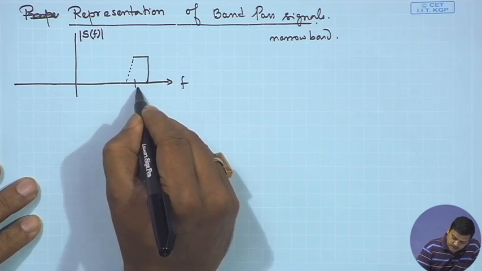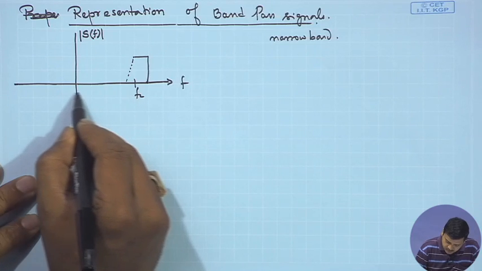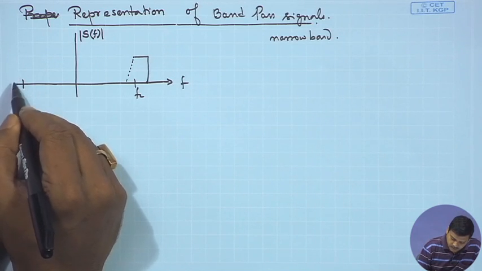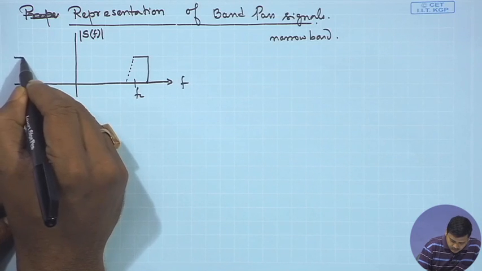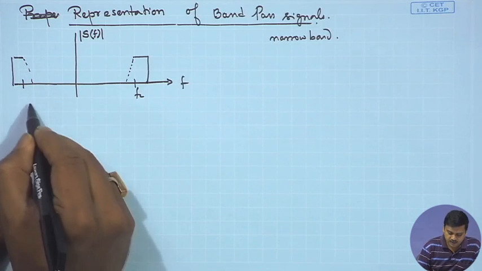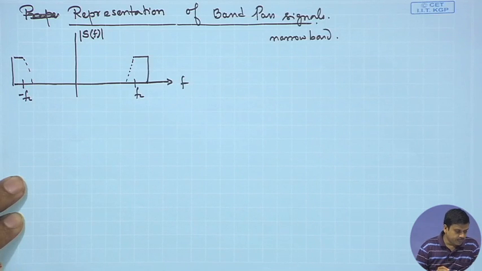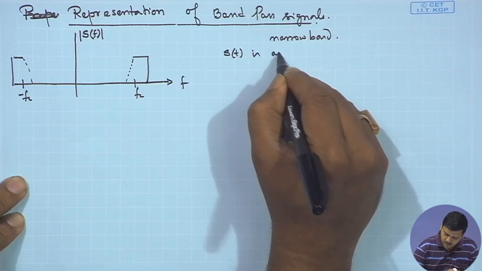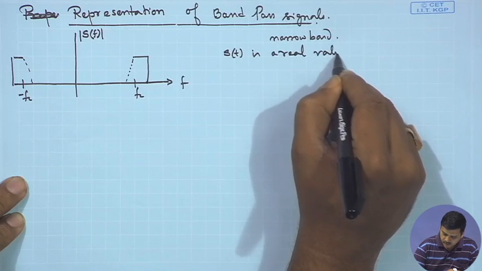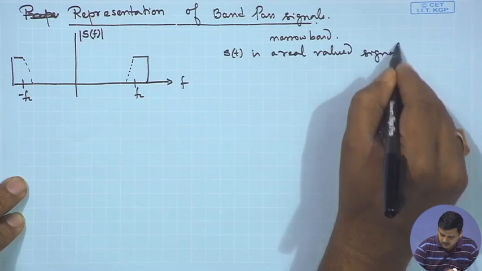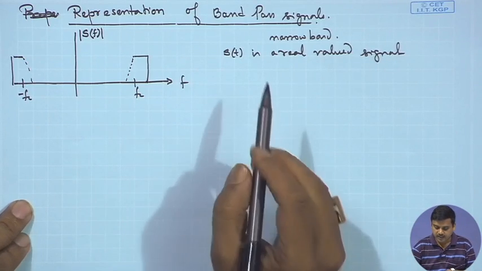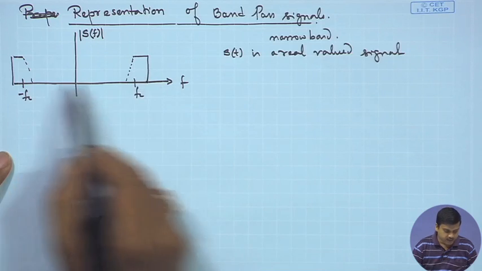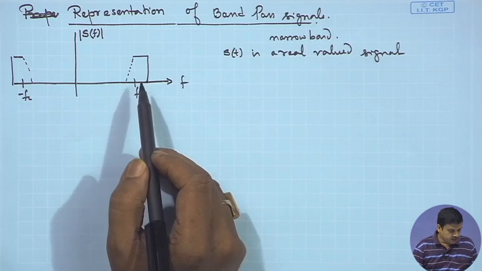We would call this f c the center frequency, and we are going to have something like this on this side as well, this is minus f c. So, s of t is a real valued signal with us, and we have seen in the previous lecture that for real valued signals the magnitude spectrum is even symmetric, and that is the representation over here that we have.